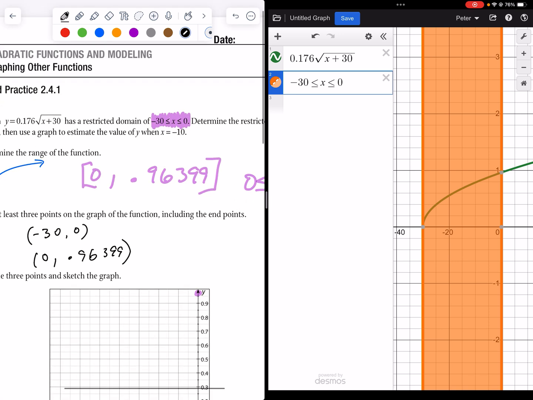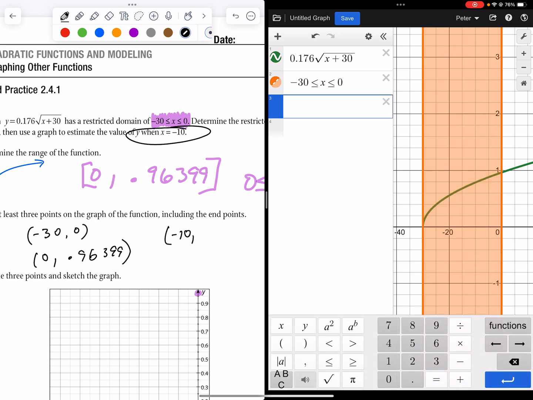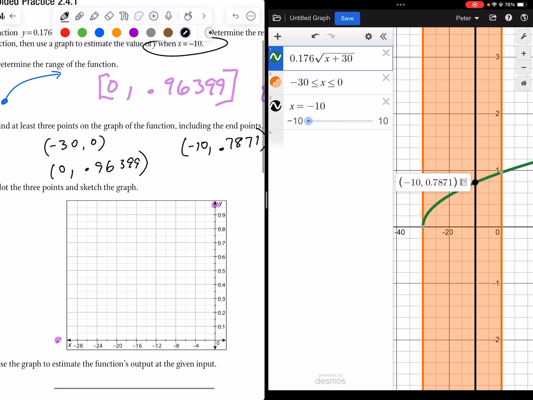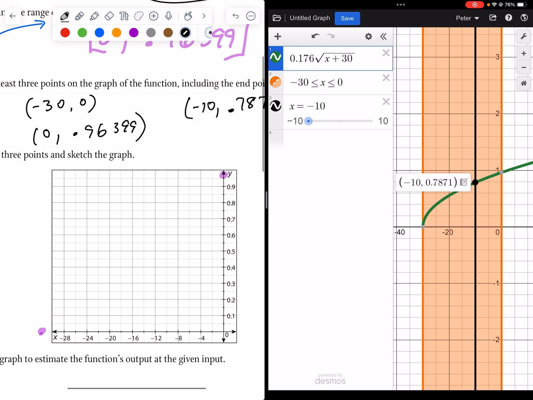So negative 30, 0, and 0, comma, 0.96399. Now, see how it says negative 10? So use negative 10. Now how can you do that? Again, guys, I'm going fast so that the video is not too long. Hit pause, write it down, etc. Negative 10 is 0.7871. So where is that? Negative 10.